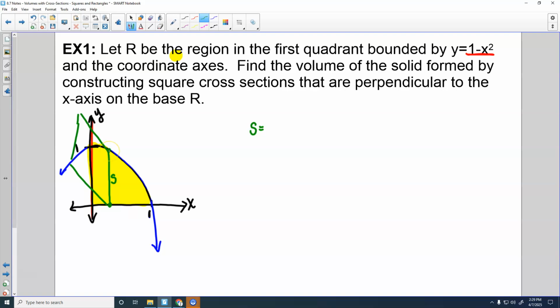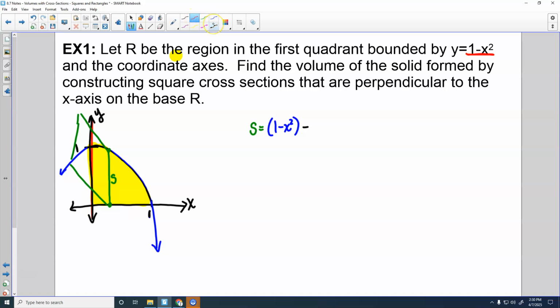Okay, so that place on the function, is that your x-coordinate or your y-coordinate? You will get the y-coordinate, right? This is vertical, so we're thinking of what the y is. y equals 1 minus x squared. So we could take the top function and we could subtract the bottom function.